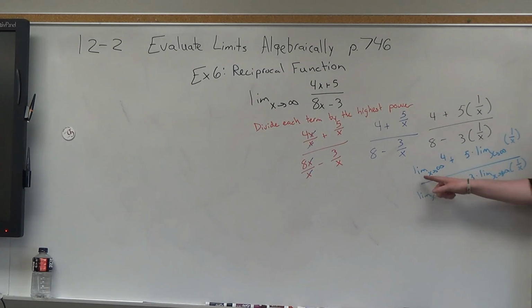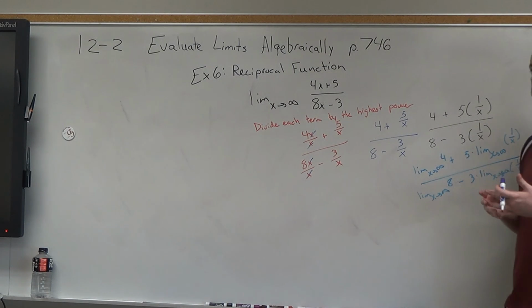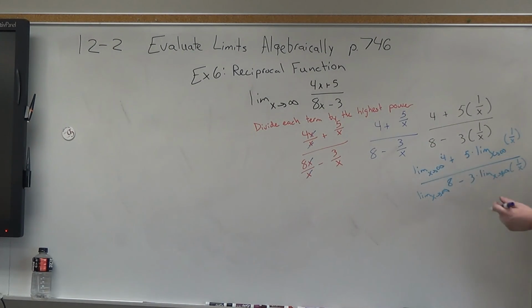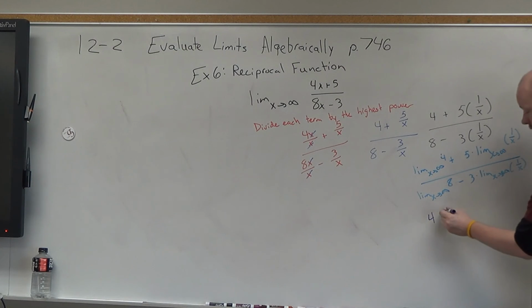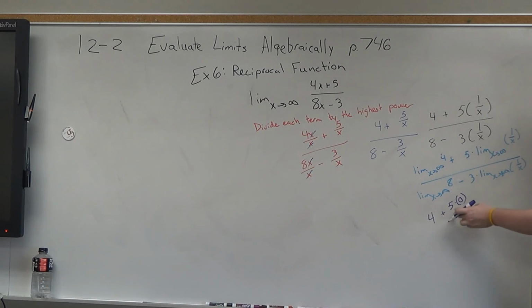Well, the limit as x approaches infinity of 4, well, the limit as x approaches anything of a constant is just going to be that constant, so I get 4. The limit as x approaches infinity of 1 over x, well, we just talked about that. The limit of the reciprocal function is 0, so I get plus 5 times 0. So I get 4 plus 5 times 0, so that's just 4 from my top.